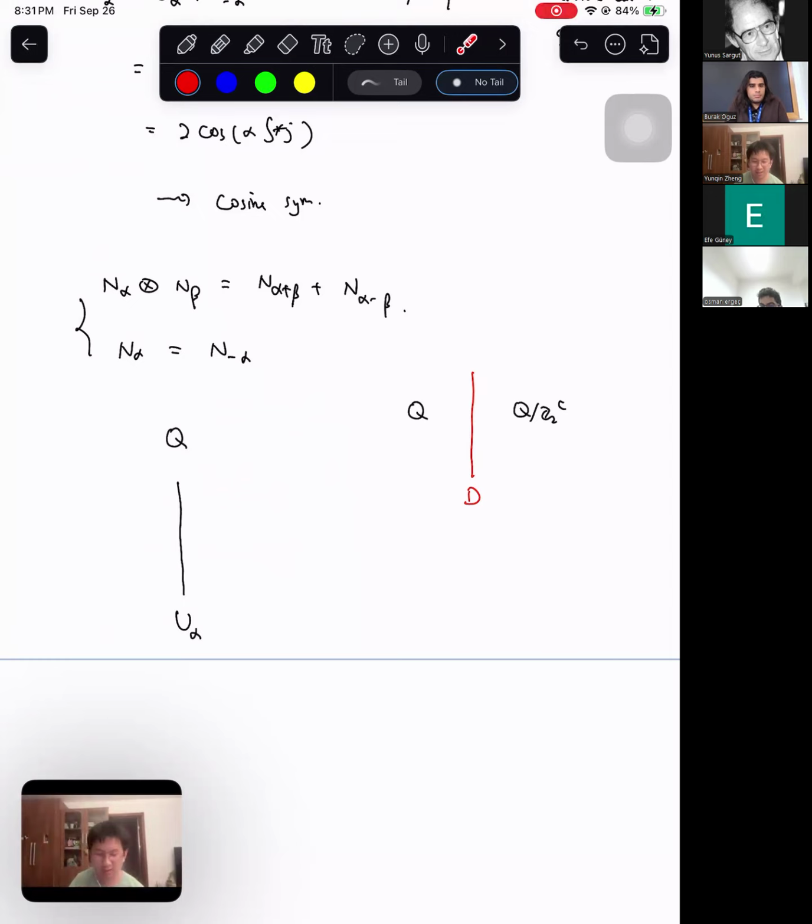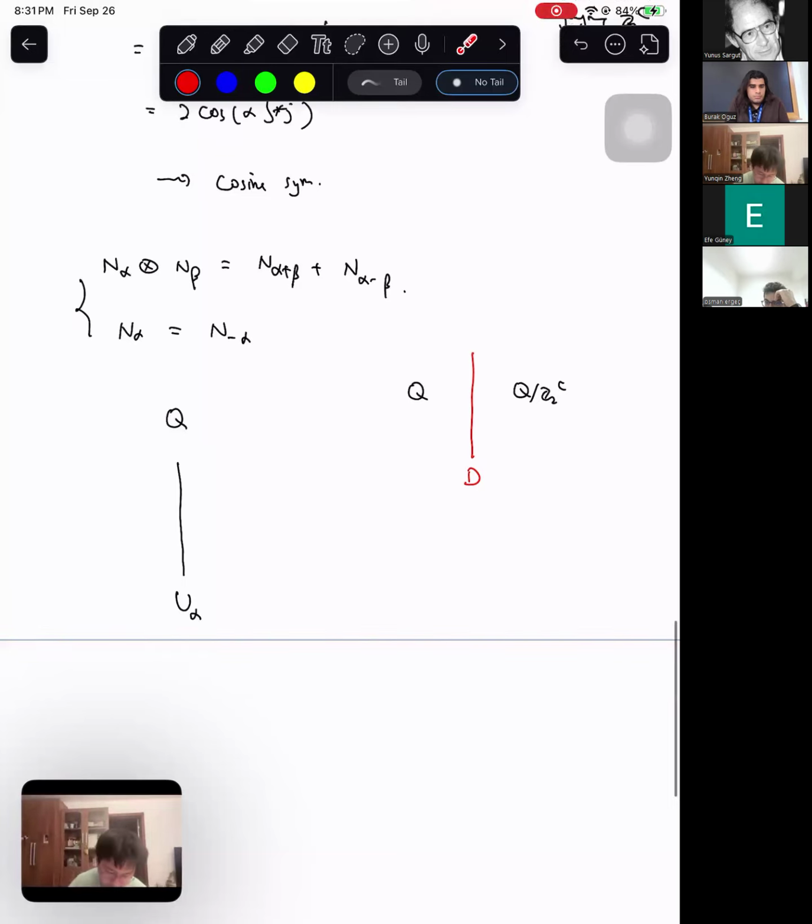And this is precisely how people construct the non-invertible duality symmetries in the case when these two sides are equal, like isomorphic. But here, the Q and the Q mod Z2 are not necessarily isomorphic, and in that case, we get not the duality defect, but the duality interface between the two sides.